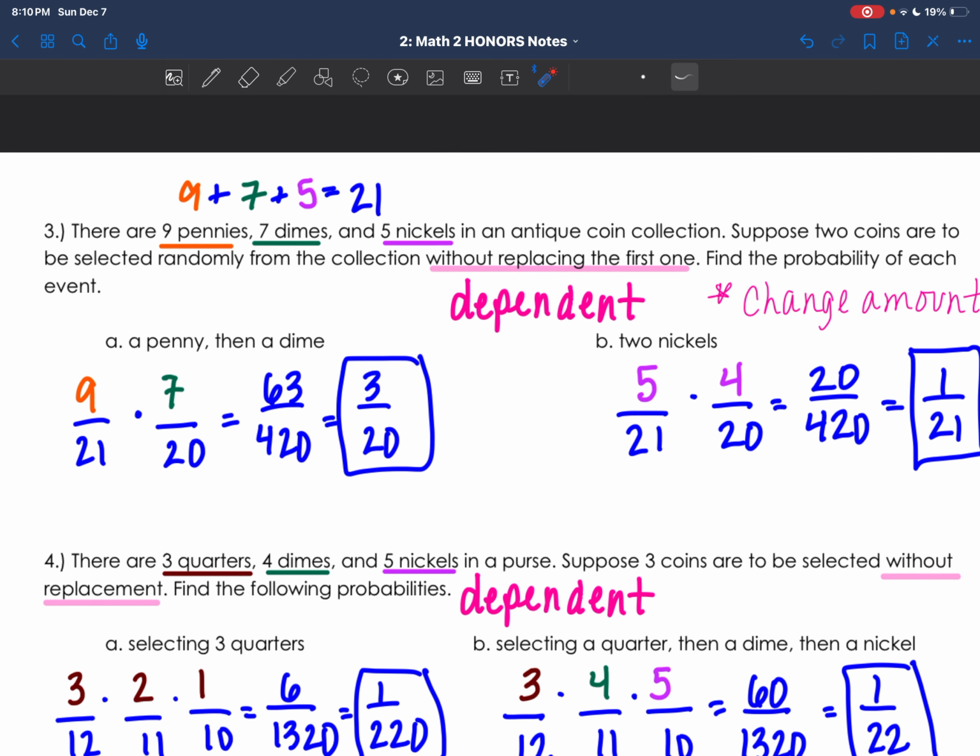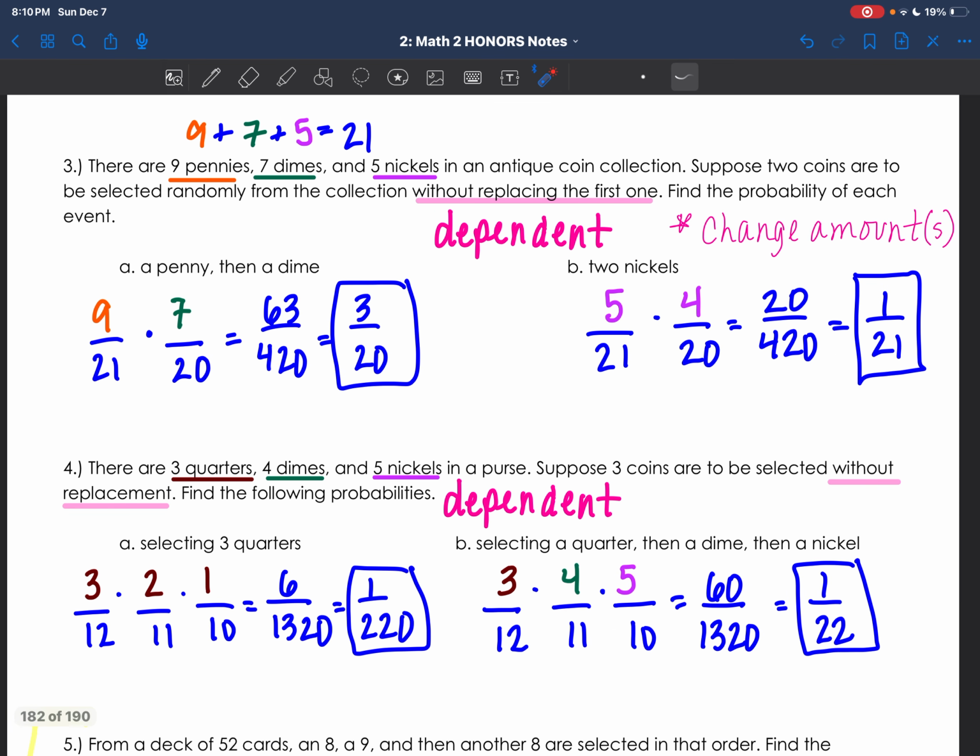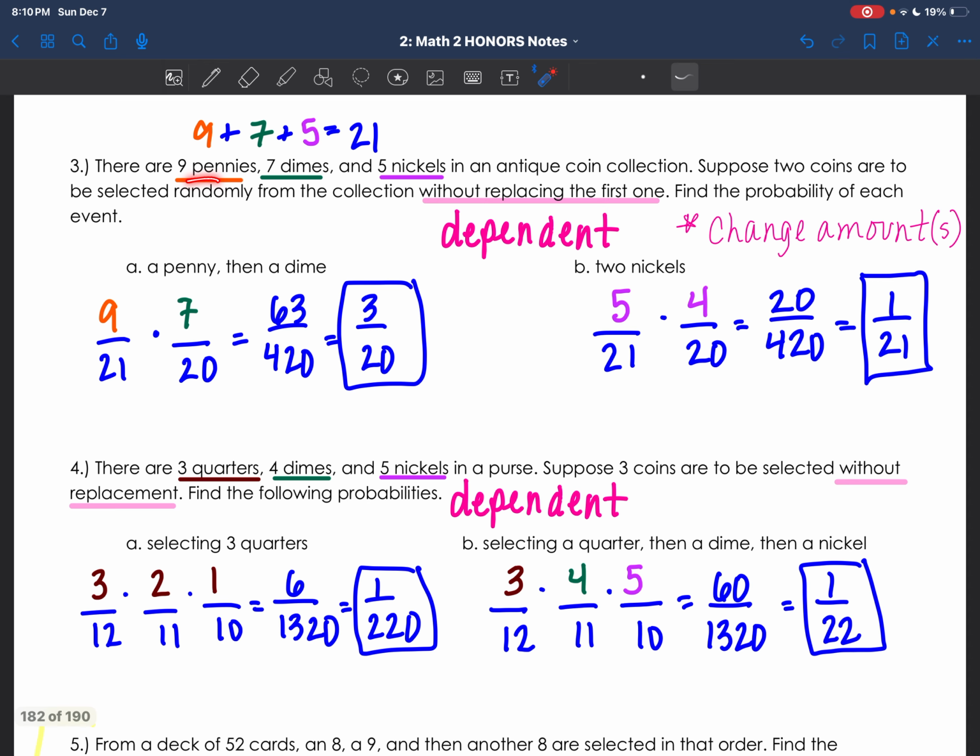All right, now we're going to get into dependent. We've got 9 pennies, 7 dimes, 5 nickels, an antique coin collection. Suppose 2 coins are to be selected randomly from the collection without replacing the first one. Now we're going to find the probability of each event. The probability of a penny is 9 out of 21 total.